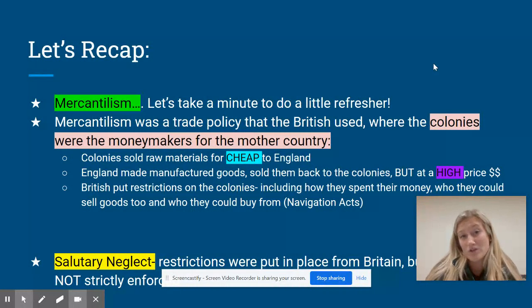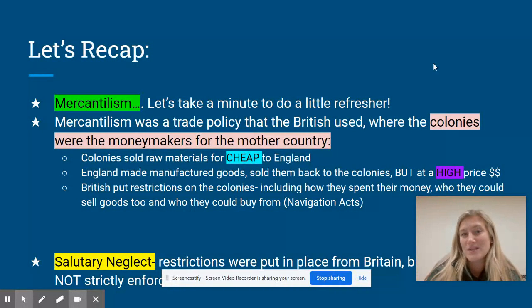If they did want to trade with somebody else, let's say the Spanish who were in Florida, they had to pay a tax or a duty to England. And then the last part of this was that the colonists had to only use English ships for trading. So we see the establishment of these rules and laws, and these were put in place so that the English knew that the colonists were going to do their job in helping England profit.